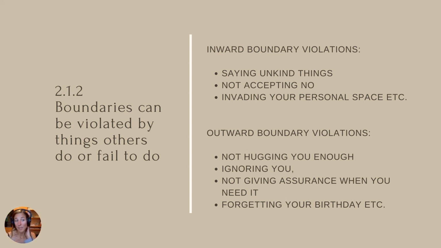Or if you are being ignored and you would like to be spoken to. If you would like some assurance, but people don't give it to you. If someone forgets your birthday, but you want them to remember. So anything that you wish would happen and it just doesn't happen.